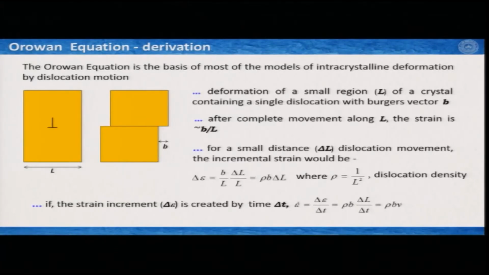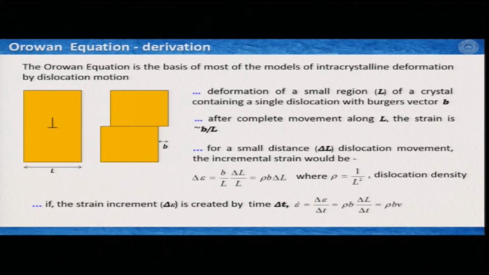So, the very basic idea of intracrystalline plasticity, as we have learned, is the movement of dislocations through the crystal. To describe it, the simplest way is Orowan's equation. Orowan's equation is the basis of most of the intracrystalline models from which other complex equations or formulations are derived.